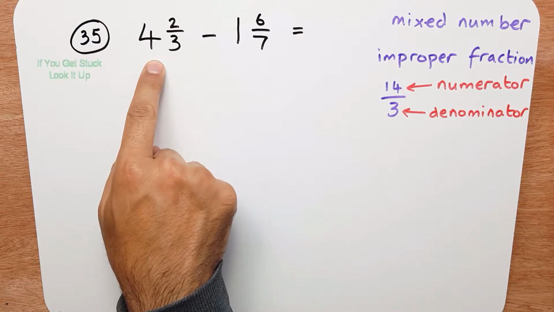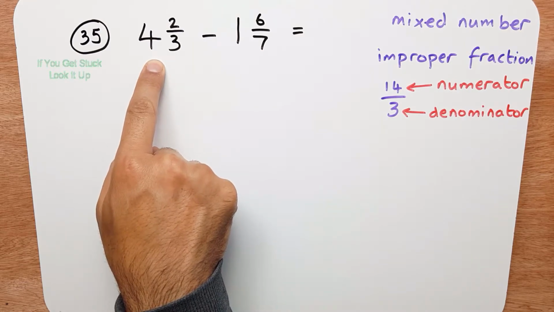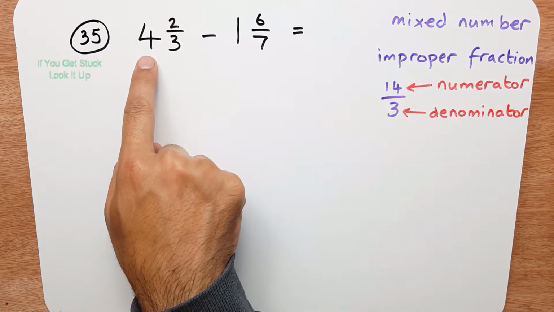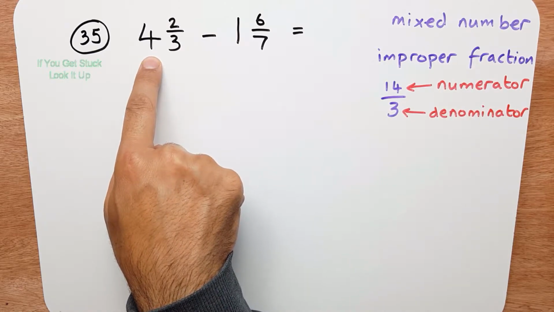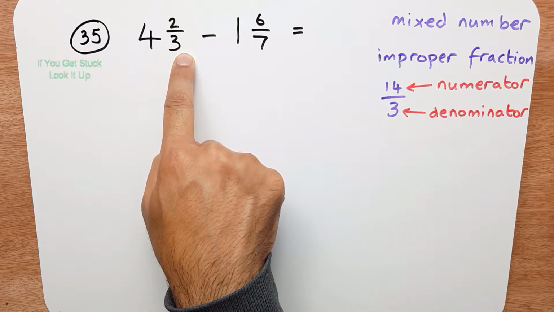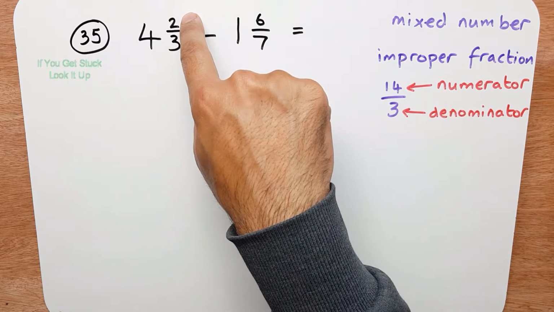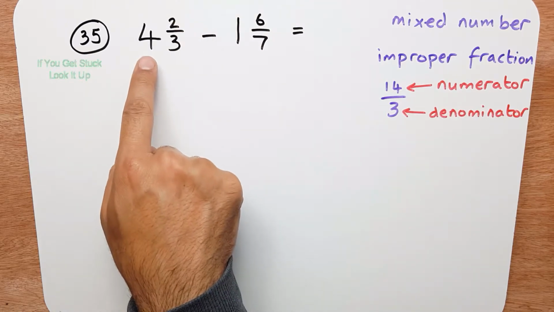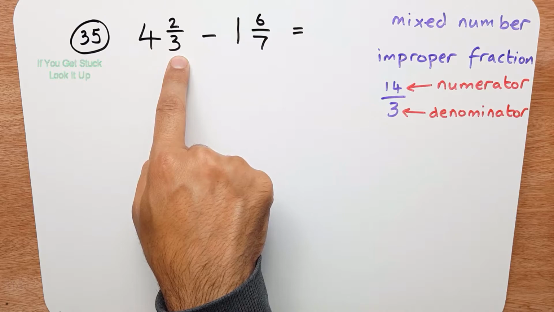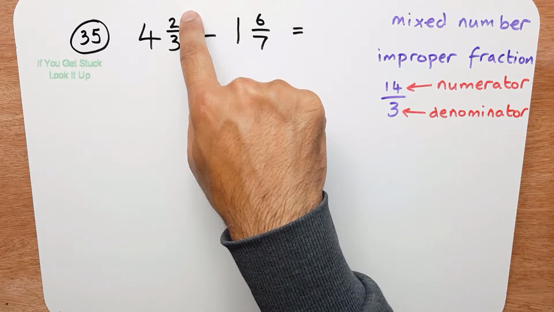Now, how do we turn this into an improper fraction? Listen to this carefully. It's the big number times the bottom number, add the top number. So let me say that again. The big number times the bottom number, add the top number.